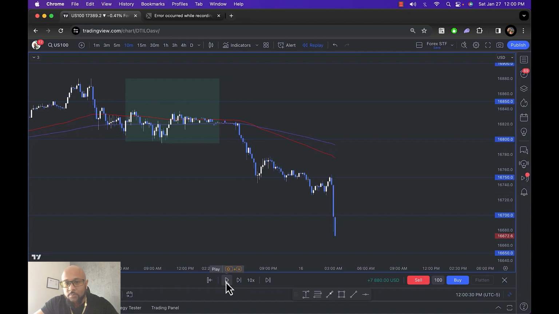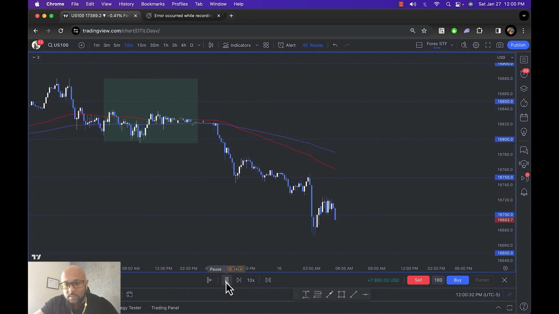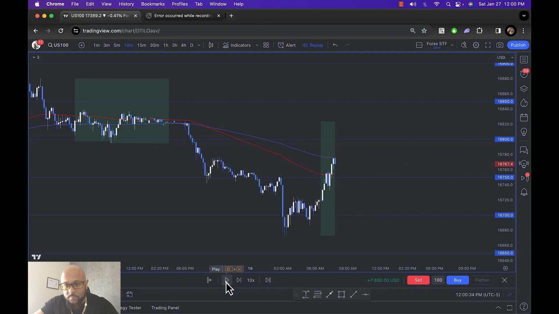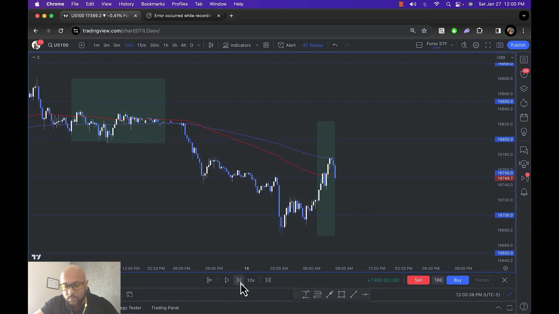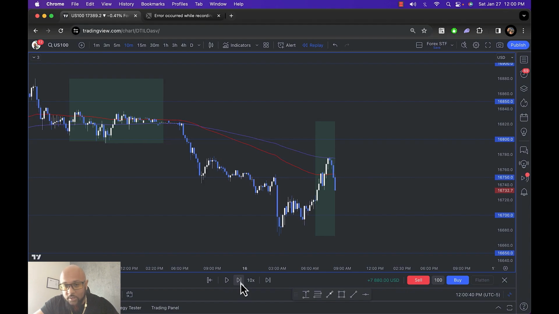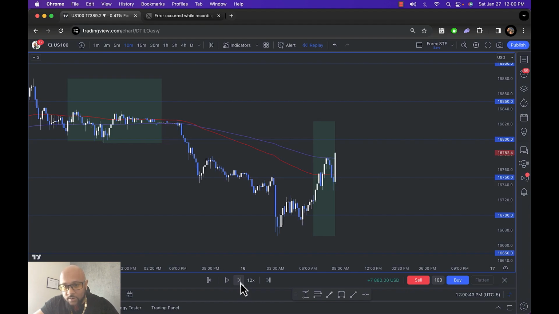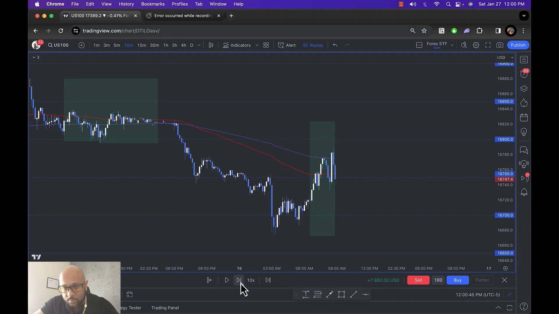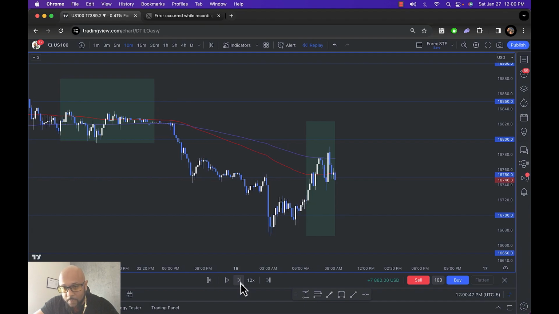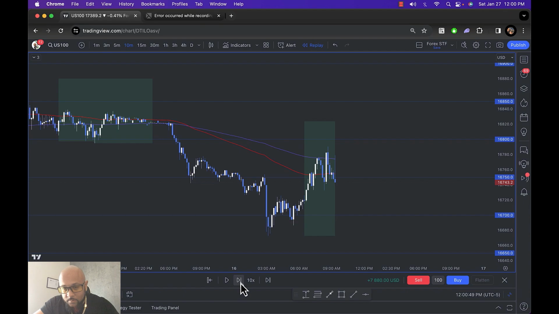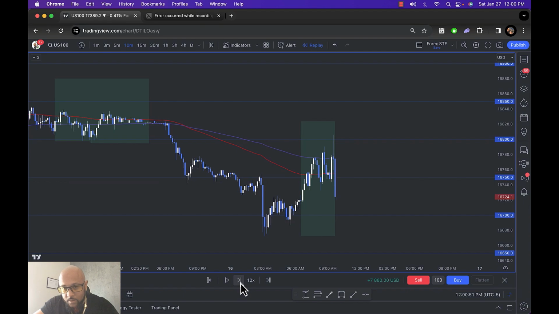6 a.m. Fresh EMA cross. All right, so we have a possible 200 rejection. Let's see if we can retrace here. Now we have a reset. Another reset.